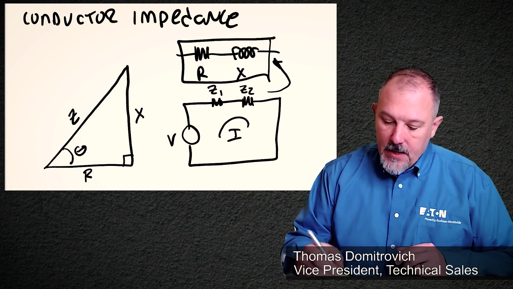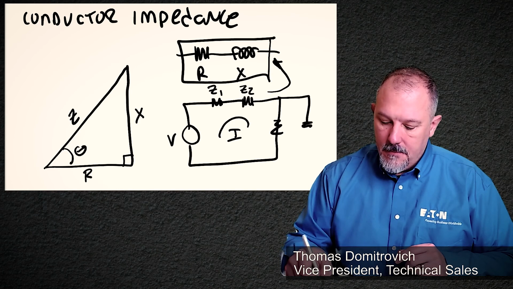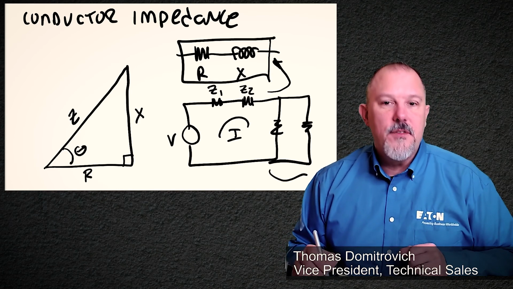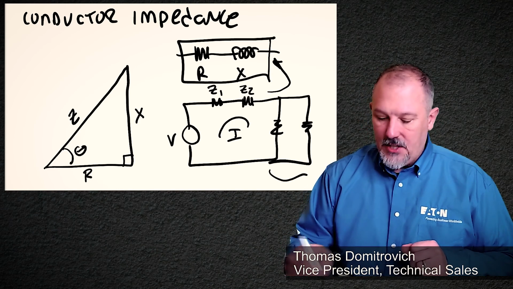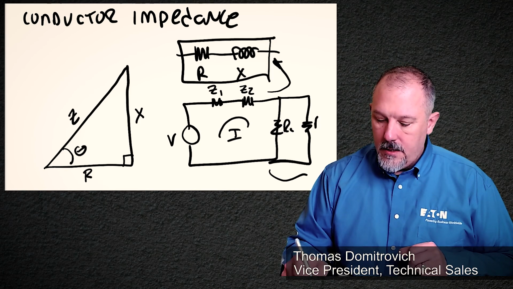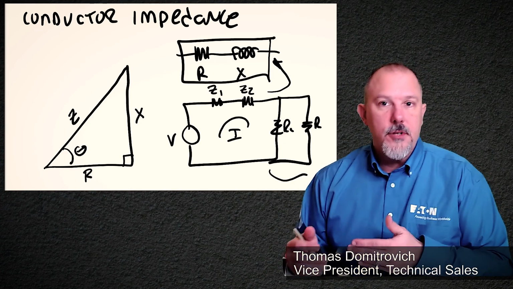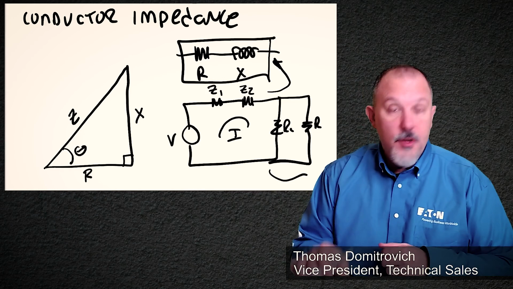Because remember, if I had this going on, in that portion of the circuit, I can't just add these two resistances together. I have to take R1 times R2 divided by R1 plus R2. That's how I would combine those two resistances.